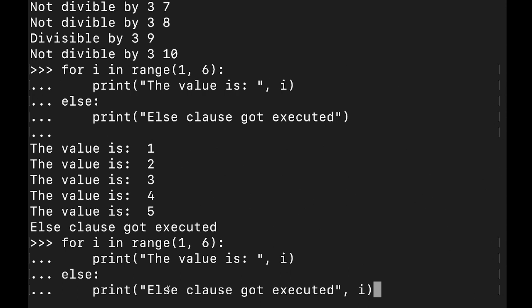That means when it is 5, or after completing the for loop when it becomes 6, at 6 the condition is false, right? So that time it is executing. Let us see what is happening here.